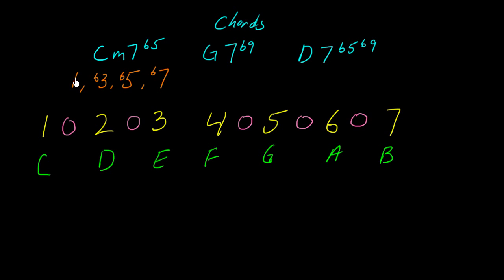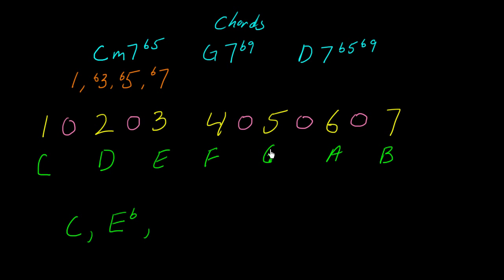So if I were to actually pick the notes in this chord, it would be 1, which is a C. Flat 3, you remember normal 3 is an E, but you're going to flat it because you're using this note. That would be an E flat.